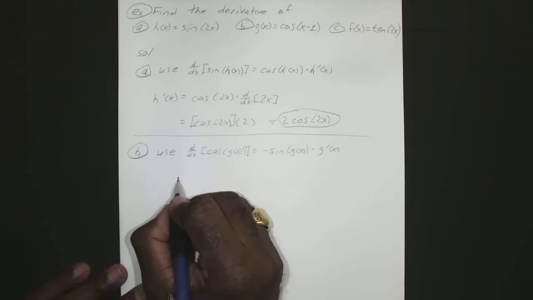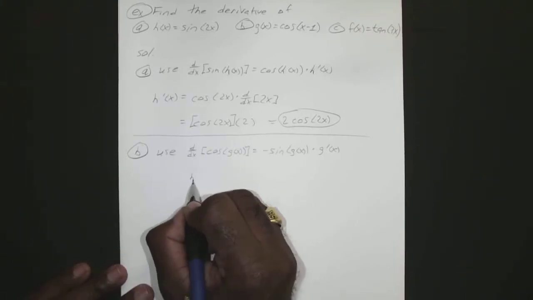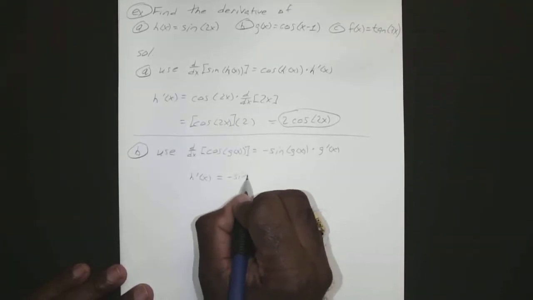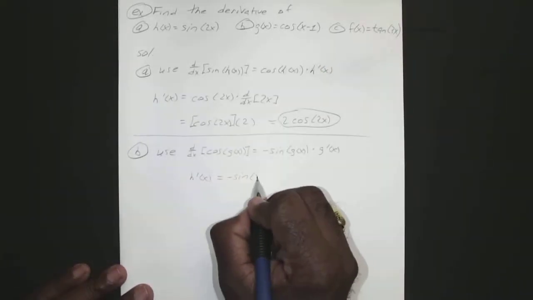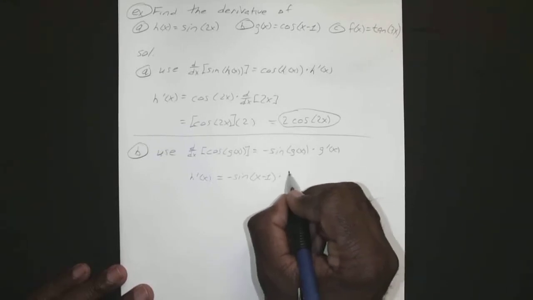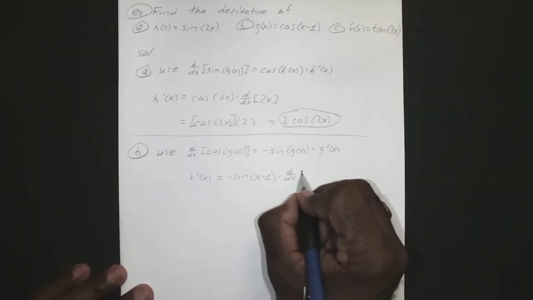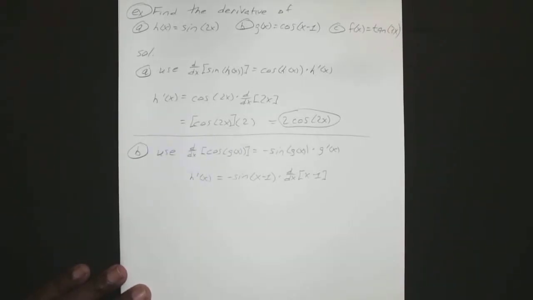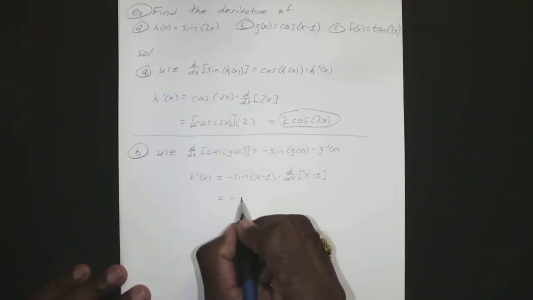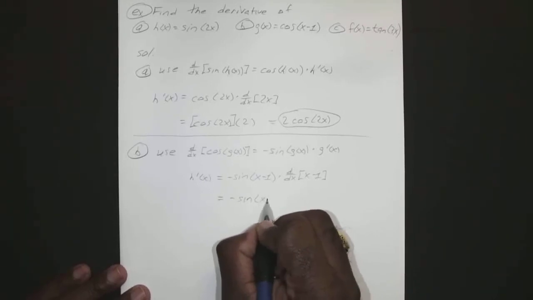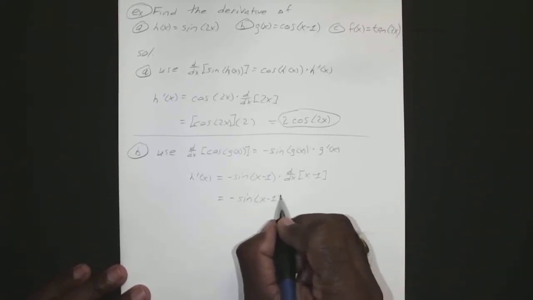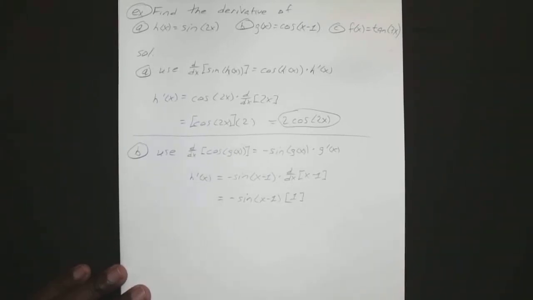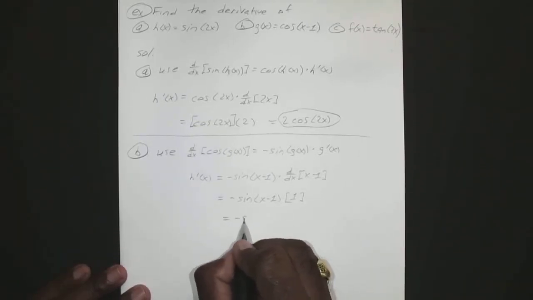So we know our h prime of x is going to equal negative sine of x minus 1 times the derivative of x minus 1. Okay, so you have negative sine of x minus 1 times 1, which just stays the same.